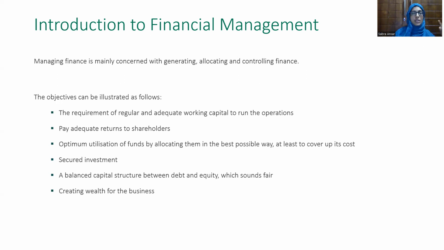This needs to be done in order to get more profits, so that the working capital can be managed and the shareholders can be paid as well. Secured investments: when a company needs to grow, it cannot stay in the same position. For it to grow, it needs to make investments, and proper investment decisions need to be taken.